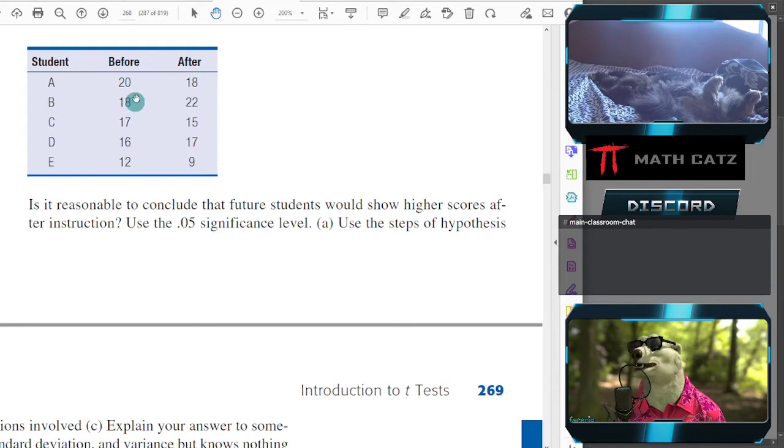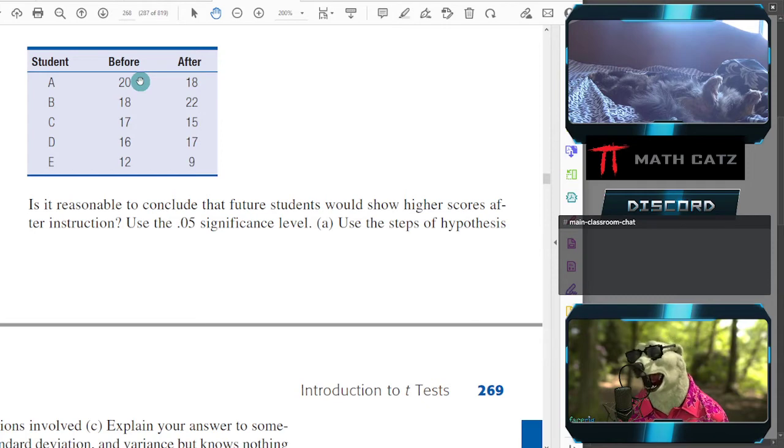We have a before and after situation. So the scores are dependent on each other. They're not independent. They're not completely separated from each other. Person A's before score is 20, and the after score is related and connected to that before score.